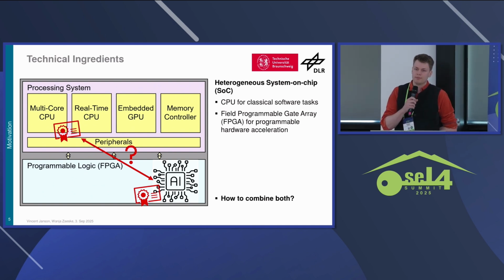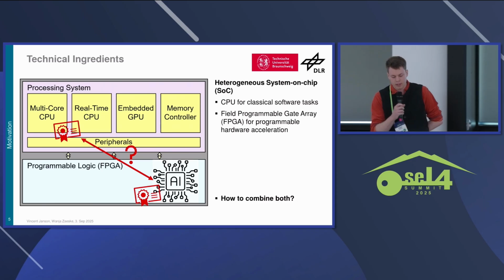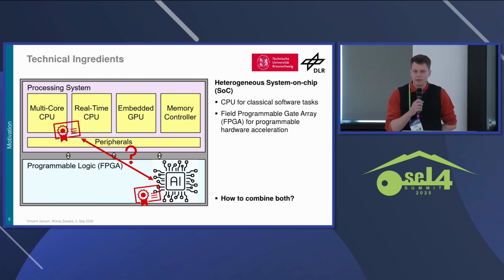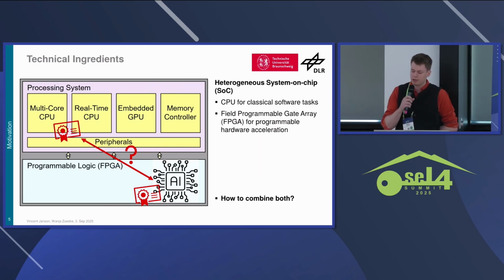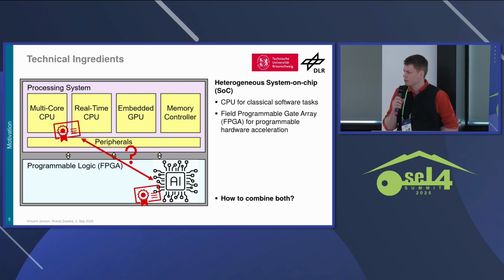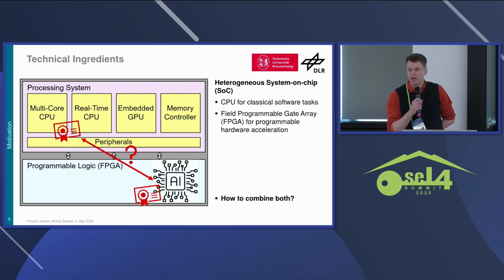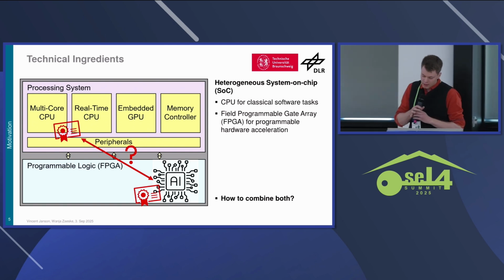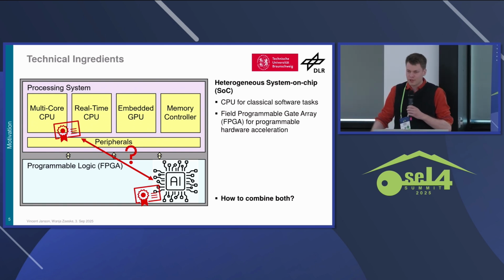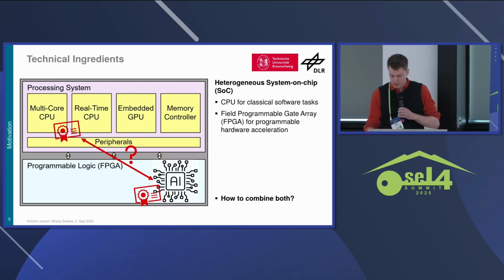These are custom silicon that you can buy from certain vendors that incorporates a various mixture of different components, such as multi-core CPU that can run traditional software tasks, but also a Field Programmable Gate Array, so an FPGA that allows us to have custom circuitry built that is in particular very deterministic with regard to timing. Basically down to the clock we control how the circuitry works. Now the question is, given the aforementioned requirements, how can we combine this together?